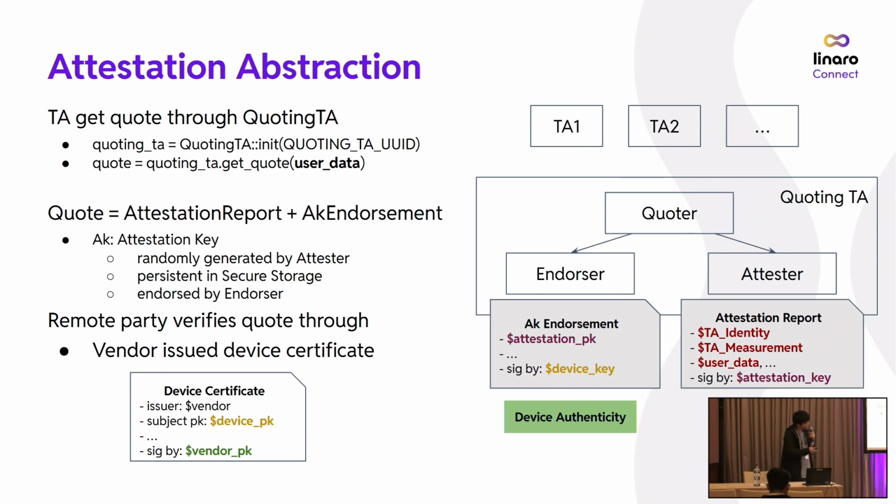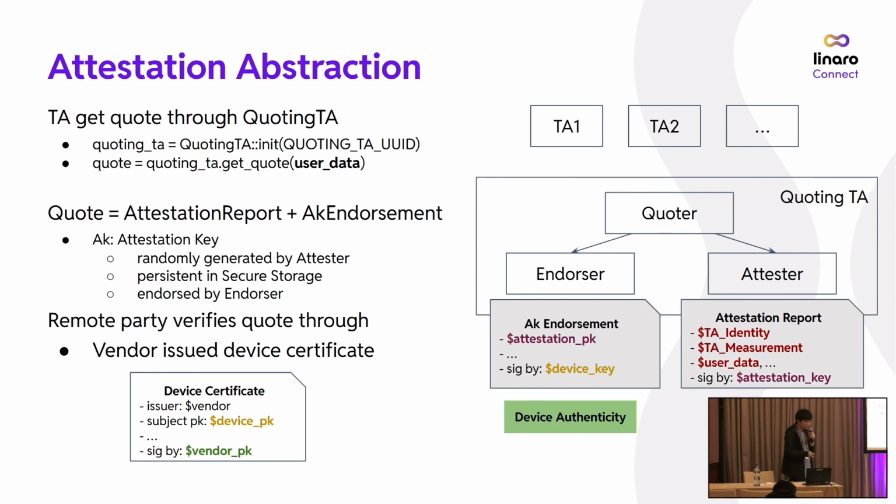If we look at this example, the attester deals with the attestation and maintains an attestation key. And the endorser has direct access to a device key, right? We can use the endorser to endorse the attestation key held by the attester.